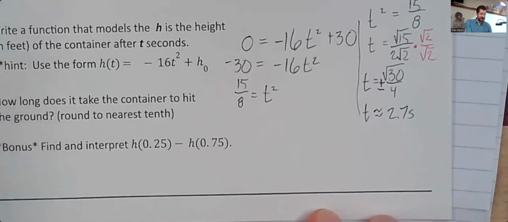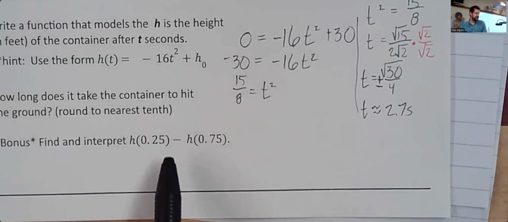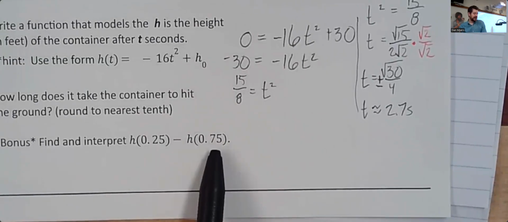All right, now let's see. The bonus question. Find and interpret h of 0.25 minus h of 0.75.